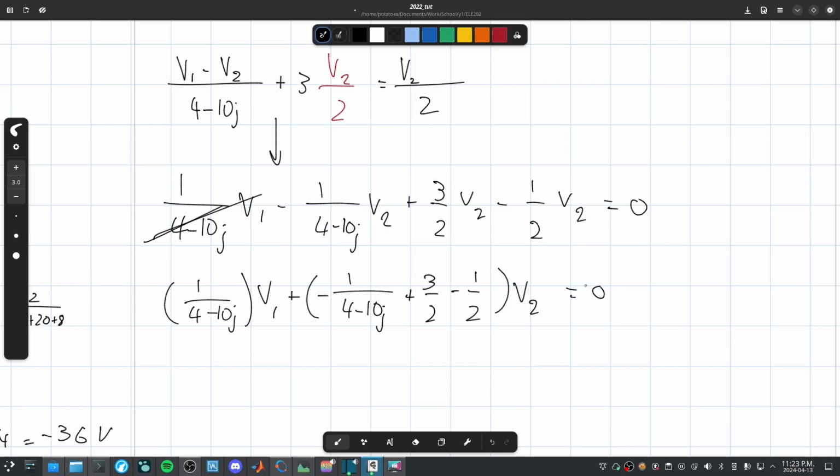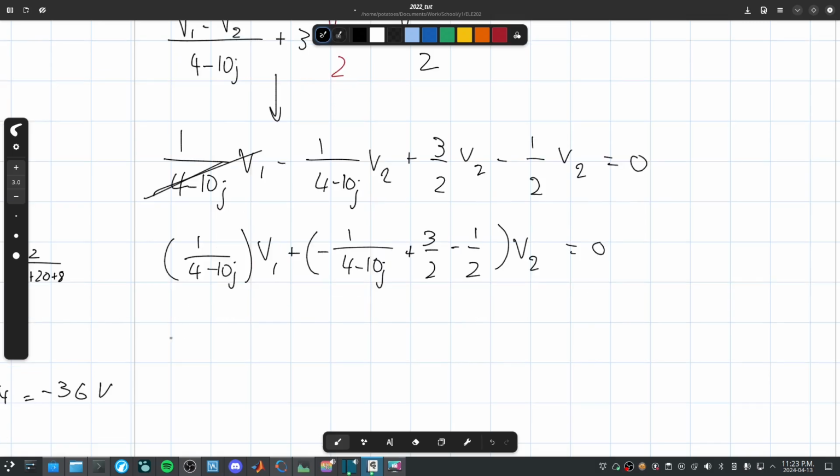And now you calculate. So that's 1 over 4 minus 10i. Let's put that into polar format. That's 0.093 with a phasor angle of 68 degrees.